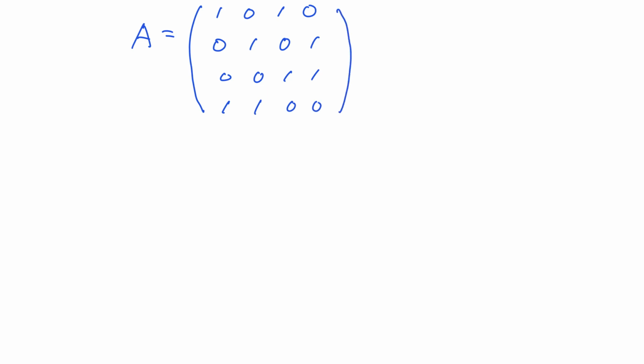I tried to put as many zeros as possible. About half of the elements are 0, right? So let's try to expand with the first row. Then we need to use 1, M11. M11 is you delete this, right? 0, 1, 0, 0, 1, 1, 1, 0, 0. So let's try to calculate this.